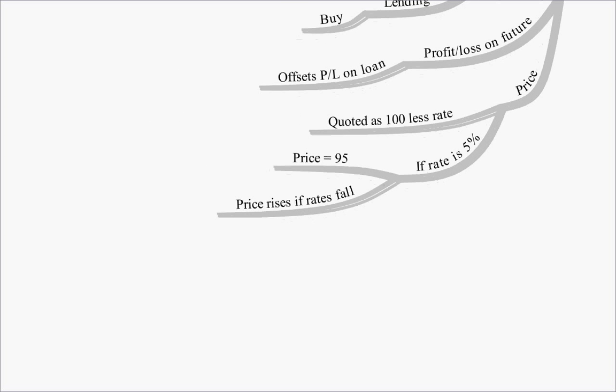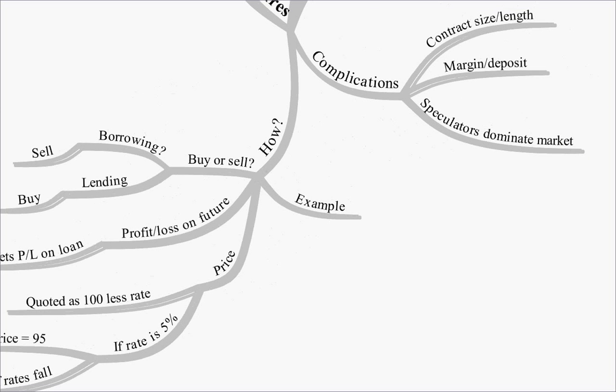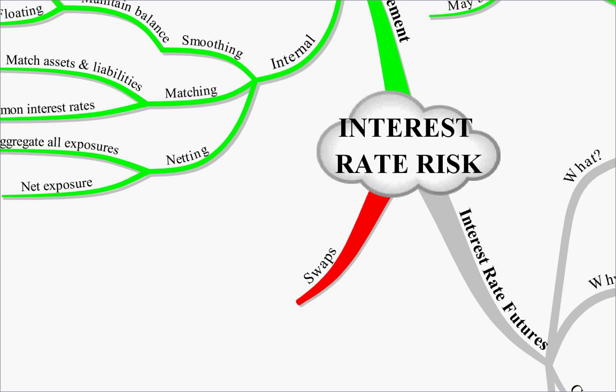So the price rises if the rate falls. And we did an example of that in class. Remember, however, that on this module you don't need to be able to do the calculations on an interest rate future, but just to understand how it actually works.